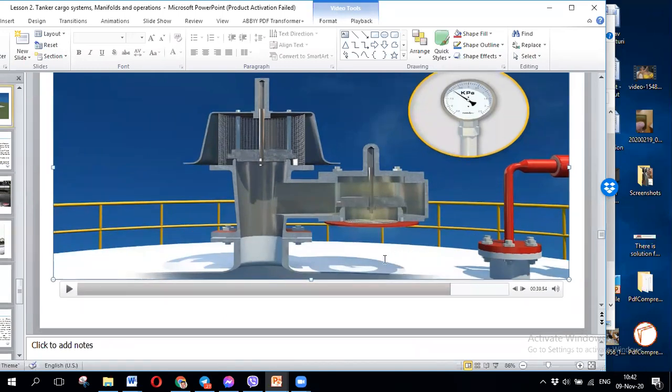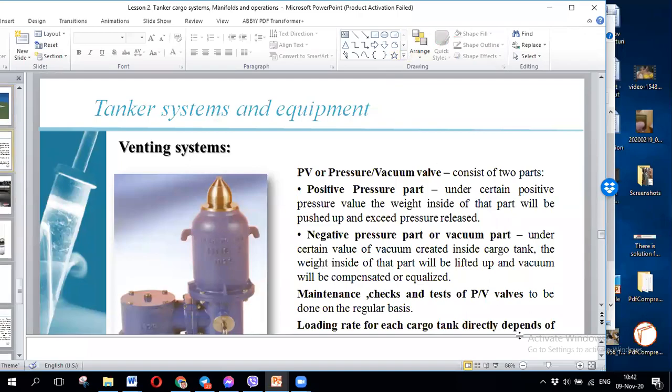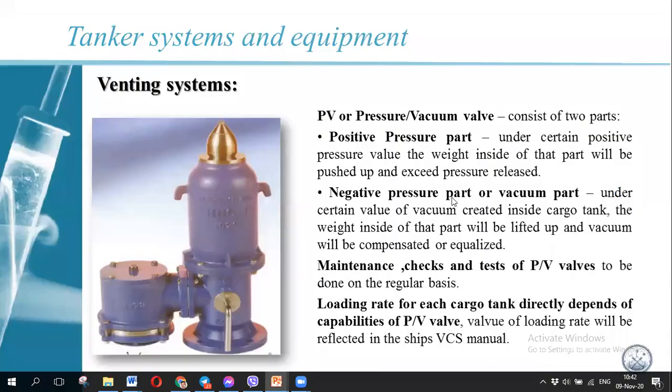Well, that is the next PV valve structure. So here you release the gas out, and from here you have a suction of air.